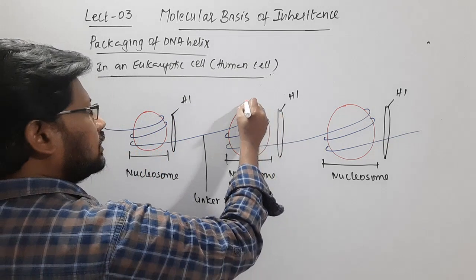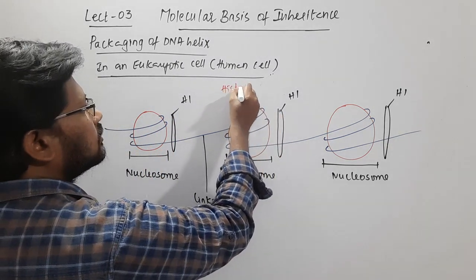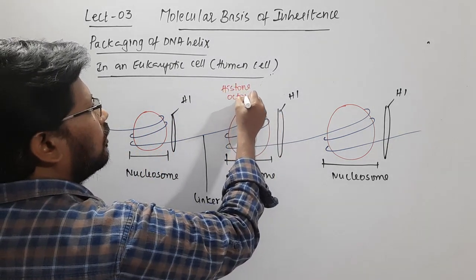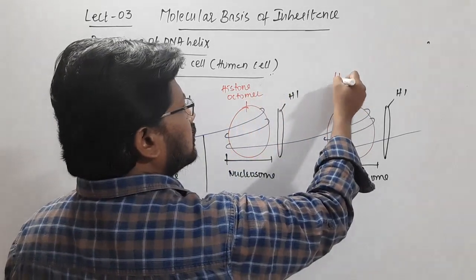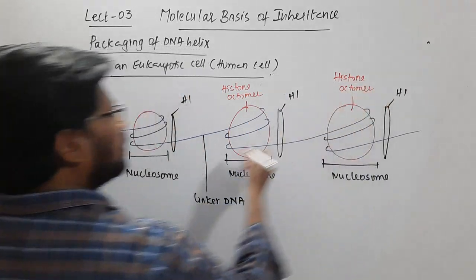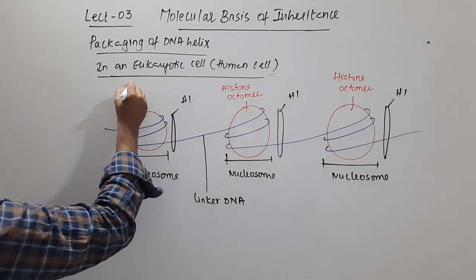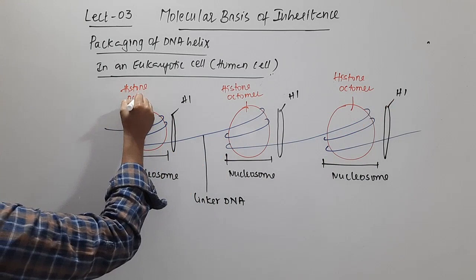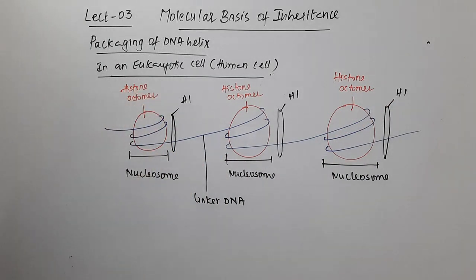So this is a histone octamer. This is also a histone octamer. I hope this is clear. We understood what those beads on a string are.